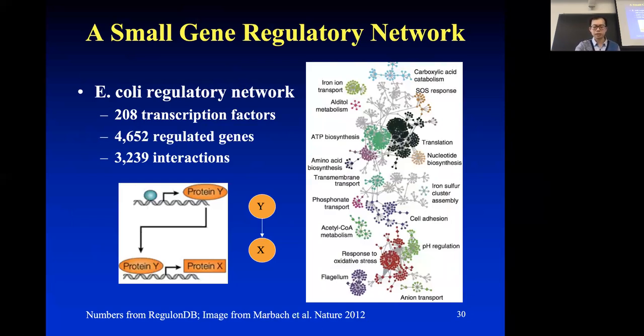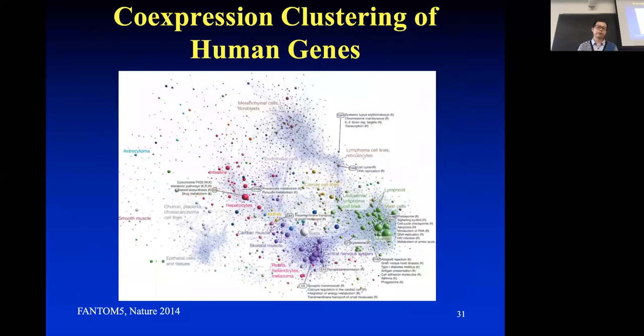Then how about human? The human regulatory network is something like this. It's a very complex network. Again, people try to annotate the whole network as corresponding to different pathways, activities or responses.